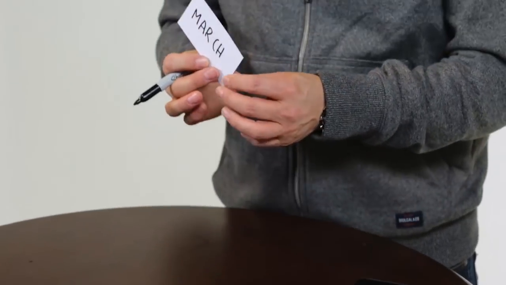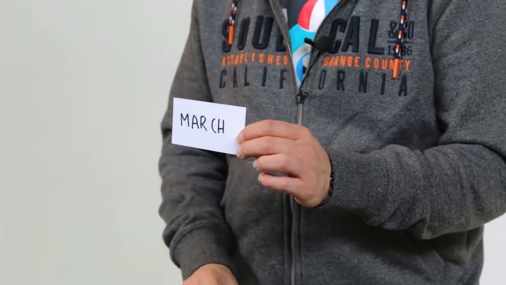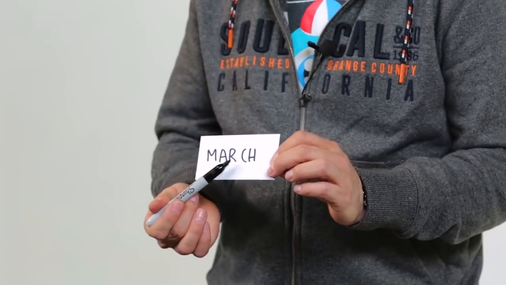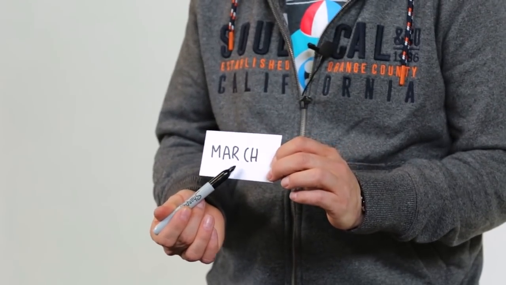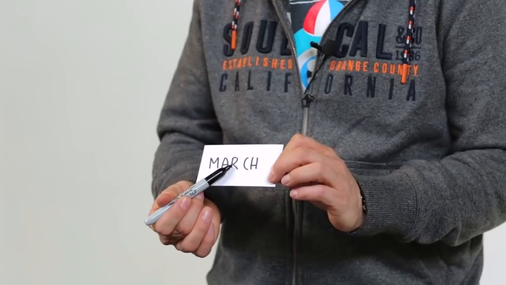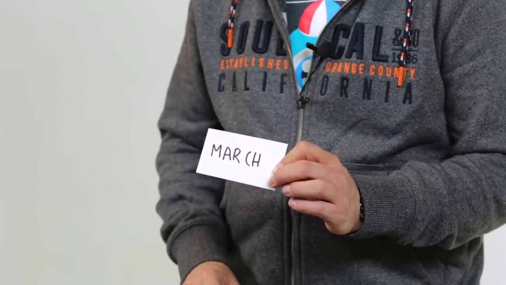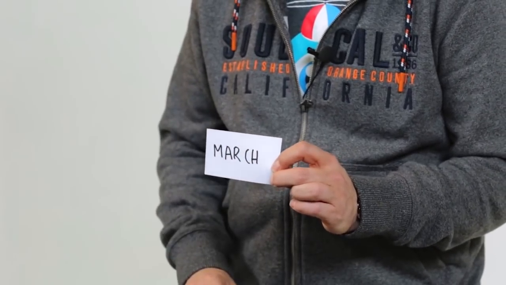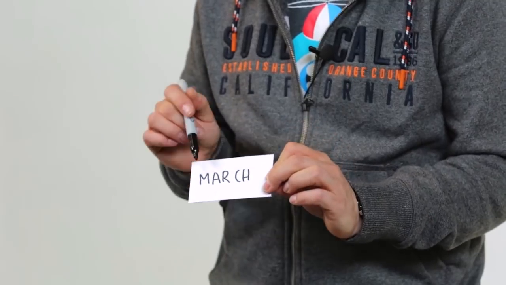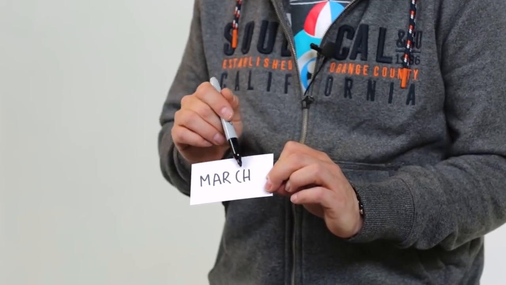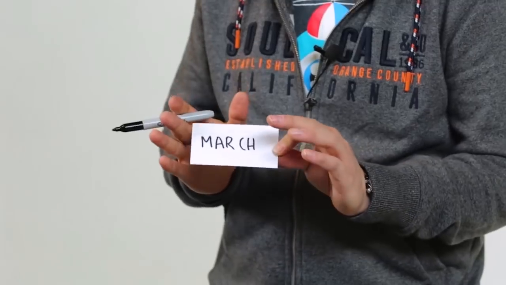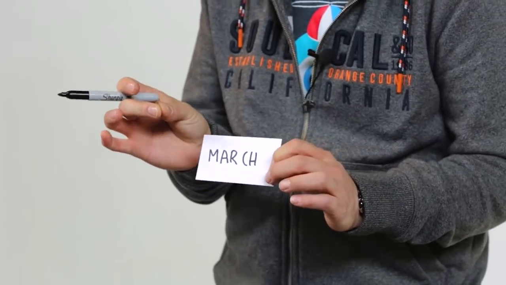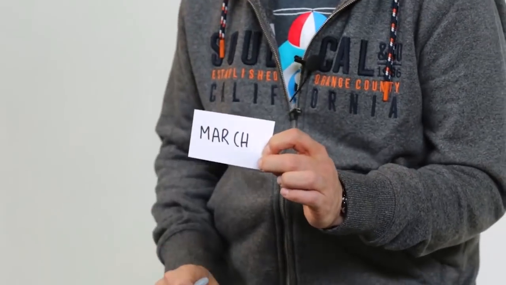If you write it like this, and there's a slight space between the R and the C, it is going to pick it up as a space because it's different. So make sure the spacing is even between letters, the little spacing, I mean, not the spacing between words.